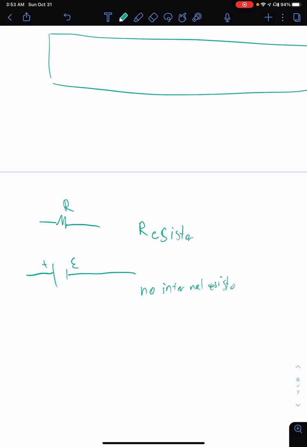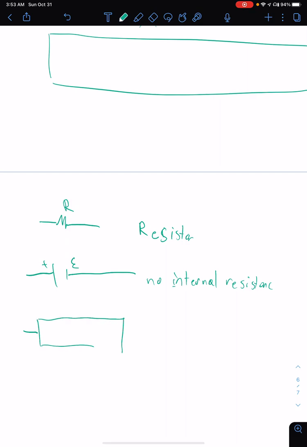I can't write nicely, my handwriting's horrible, but no internal resistance. Then we're also going to have batteries that have internal resistance. So I'm going to draw it in a box. It's not going to show up like this. Or they could just make something like that and say it's a real battery.